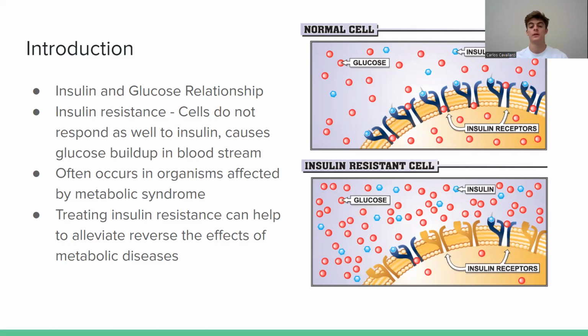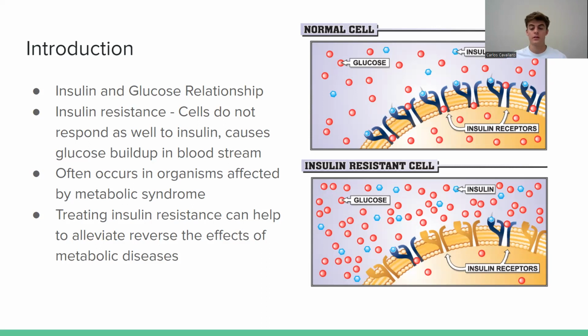Essentially, insulin is secreted by the pancreas, and it binds to insulin receptor sites on the human cells, and it basically allows the glucose that's in the bloodstream from different things that we consume to then enter into the cell. And so, as I said, insulin is very important, and we really need it in order to properly function.